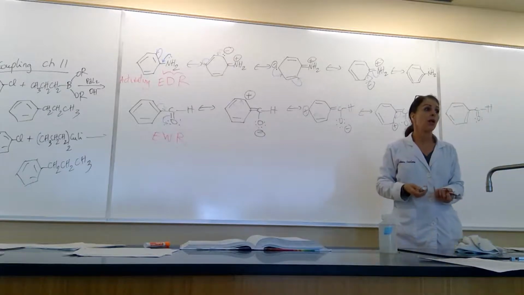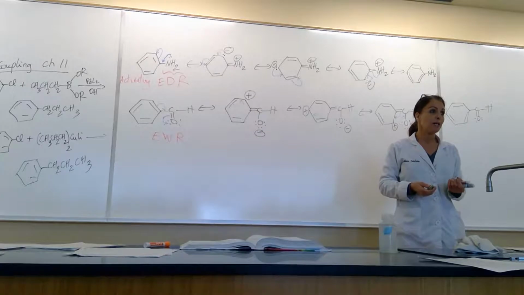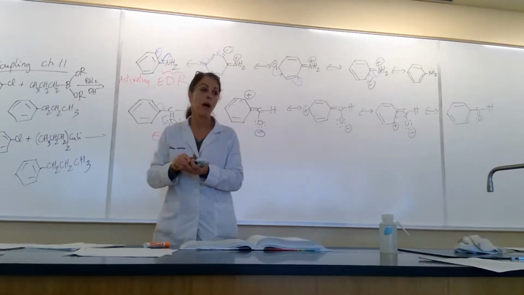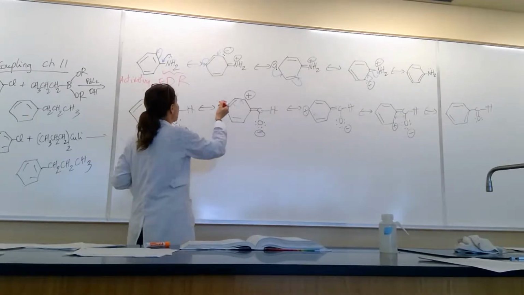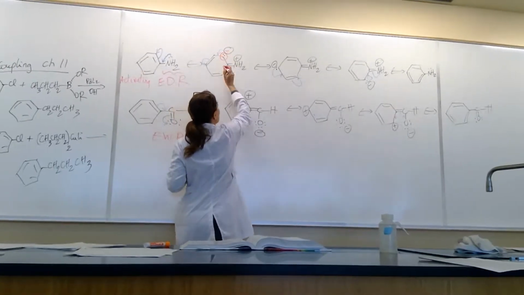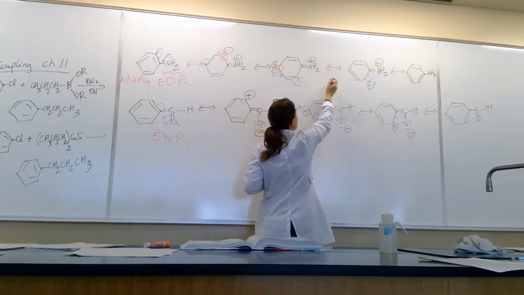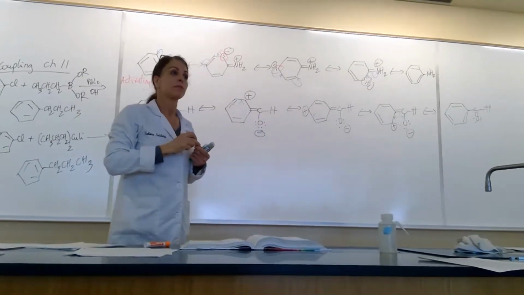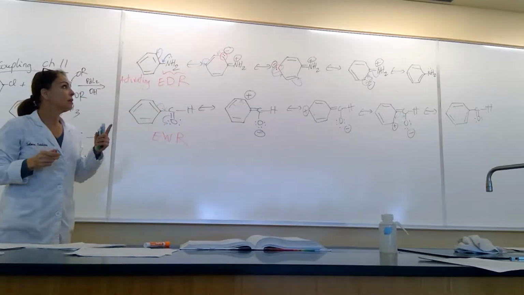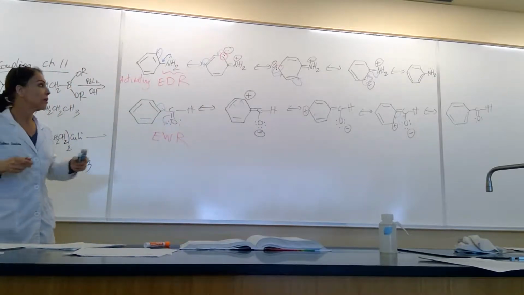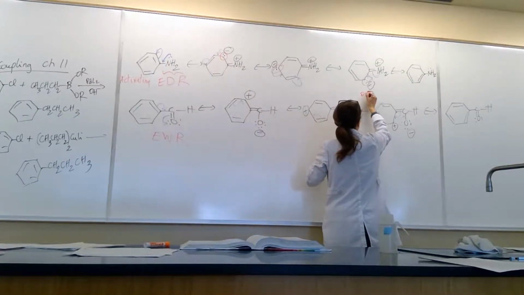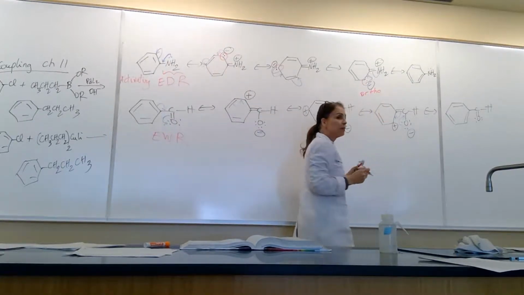There's a negative charge because you bring in something positive. Where is it going to go? It's going to go straight to that negative spot. So where are the negative spots? This, this, and this. The two positions next to the substituent, this one and this one, are called ortho positions.